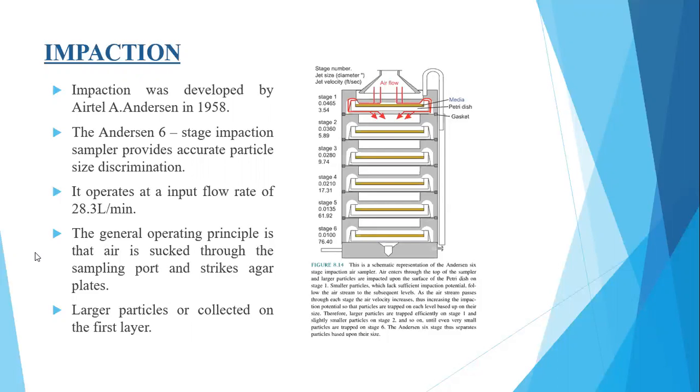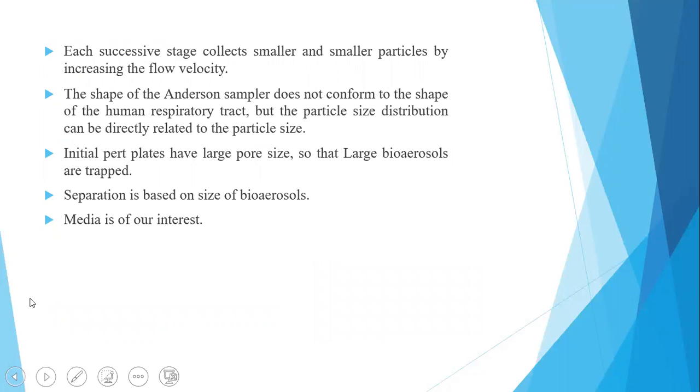The general operating principle is that air is sucked through the sampling port and impacts on the agar plate, and the larger particles are collected on the first stage. Each successive stage collects smaller and smaller particles by increasing the flow rate.